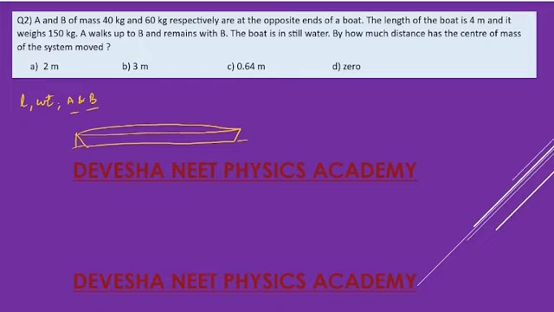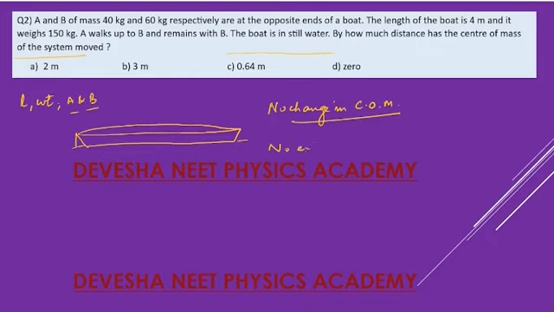The boat is in still water, right? It is asking by how much distance has the center of mass of the system moved. So in this case, there will be no change in center of mass, because there is no external force applied.